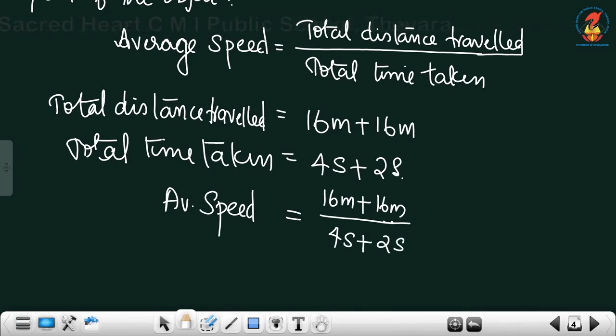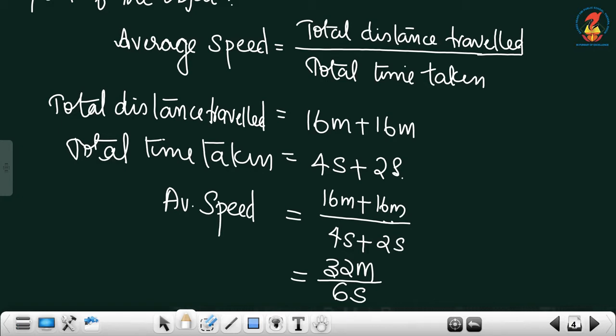Now, 16 plus 16 is 32 meter, so that is 32 meter divided by 6 second. You will get the answer as 32 by 6. Find the answer in decimals and write the unit.